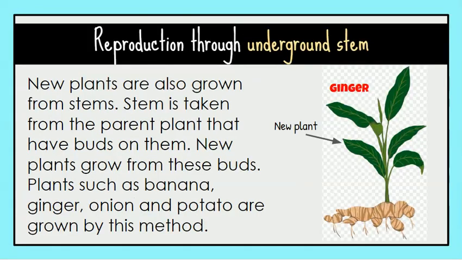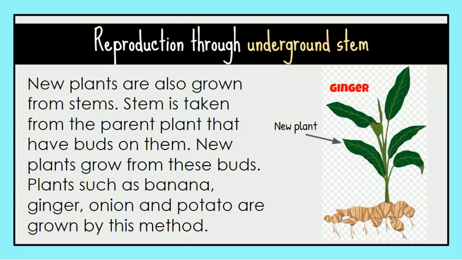Now let us discuss how the different parts of a plant are involved in the process of vegetative reproduction. So the first type is reproduction through underground stem. Now many new plants are also grown from stems. The stem is usually taken from the parent plant or the main plant that has buds on them.